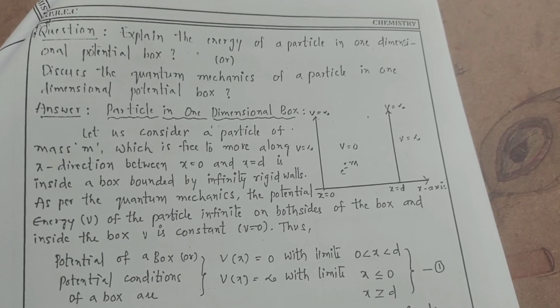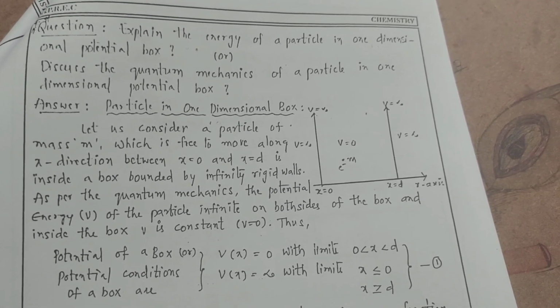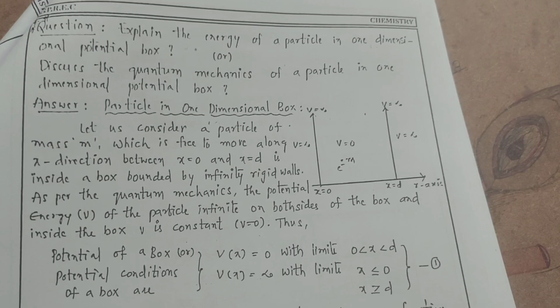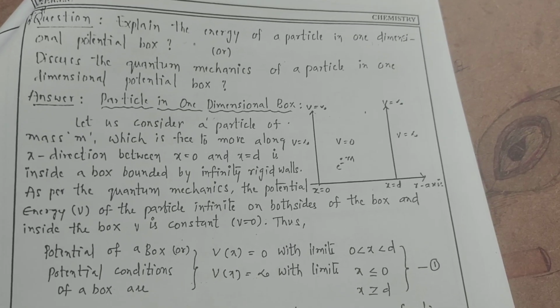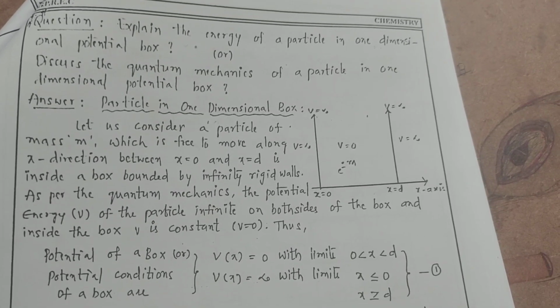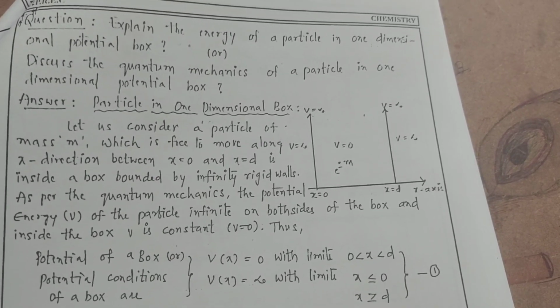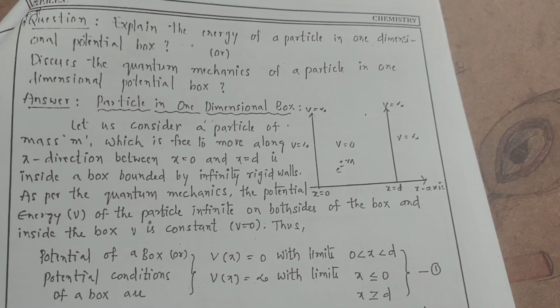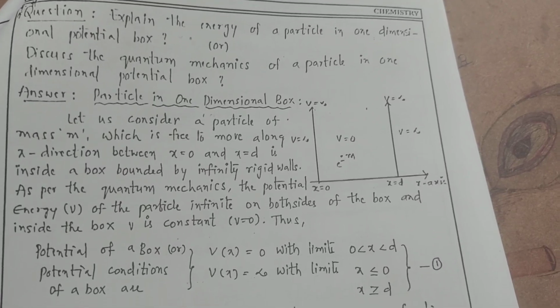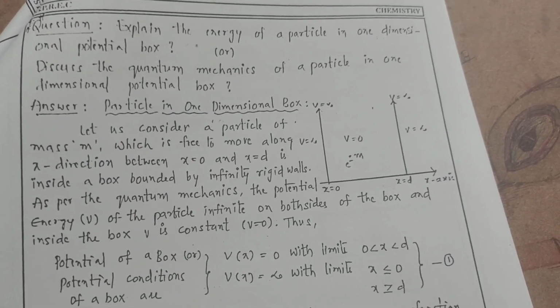Hello guys, today we are going to learn about an important question for B.Tech first year engineering chemistry. This is one of the important questions which we can guess. Let us read the question.